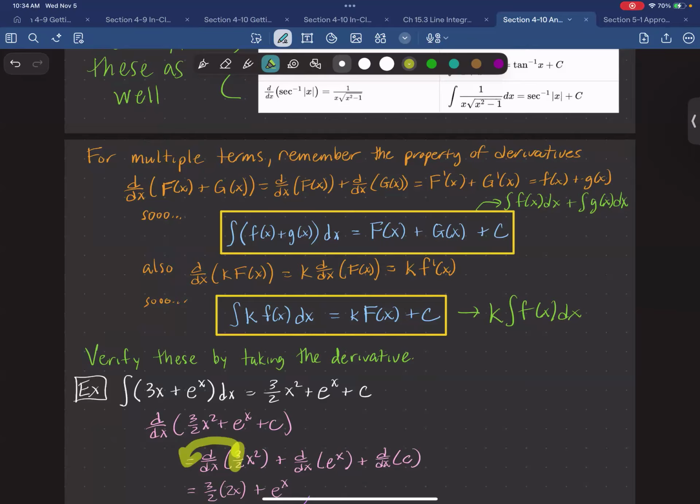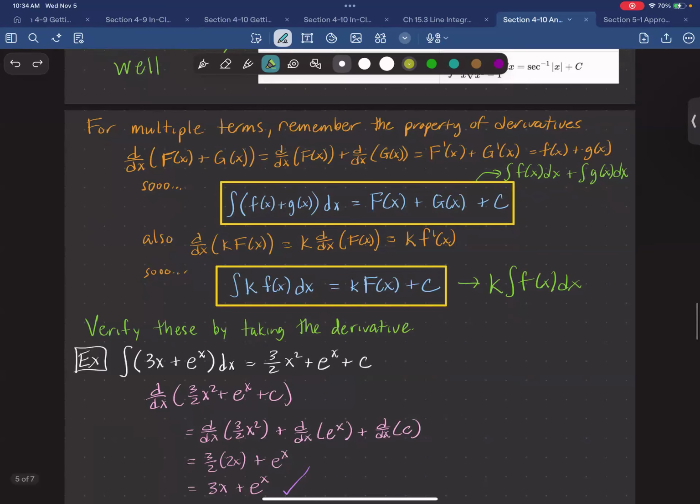And then I take the derivative of x squared. And I have 3/2 times 2x. And then the derivative of e to the x is just e to the x. And the derivative of a constant is 0. And when I clean up the fraction, I got 3x plus e to the x. That was what I had up there, so I did verify it. That's worth knowing. Know this.